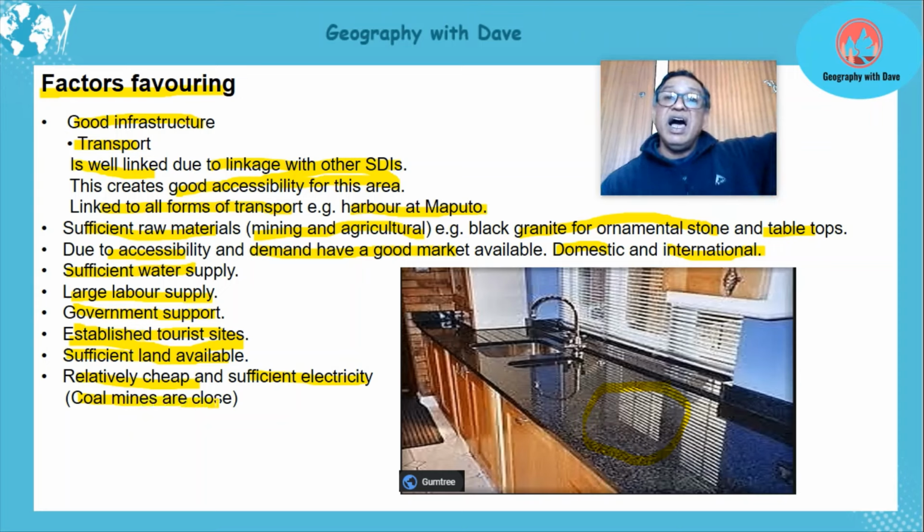It's brilliant in terms of our electricity supply because we need power for manufacturing, and even for the tourist sites. Having the nearby coal mines, it's relatively cheaper. I know you're putting your hands up in class to say, what about load shedding and the increased costs? It's still relatively cheaper than other parts that are away from the coal mines.